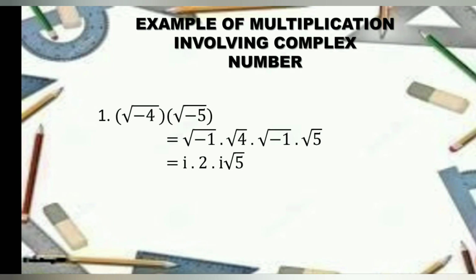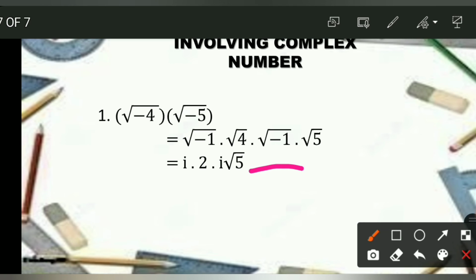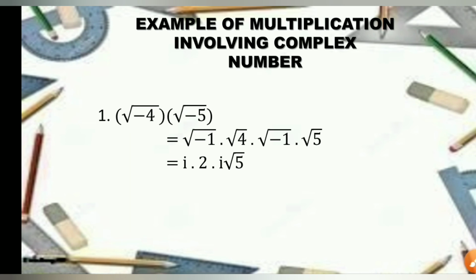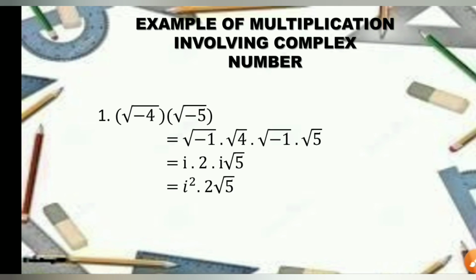The square root of 4 is 2, since 4 is a perfect square, and the square root of negative 1 is i. Then we copy the square root of 5, since 5 is not a perfect square. So i times i gives us i squared, times 2 square root of 5.